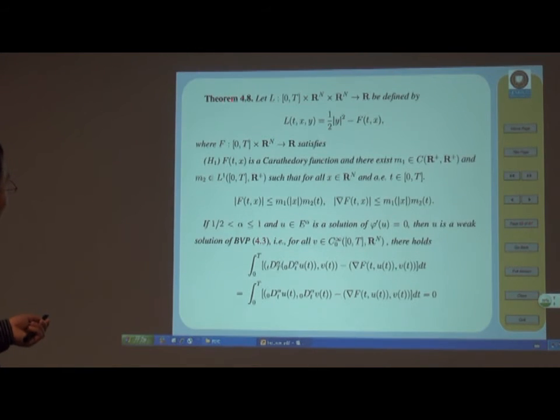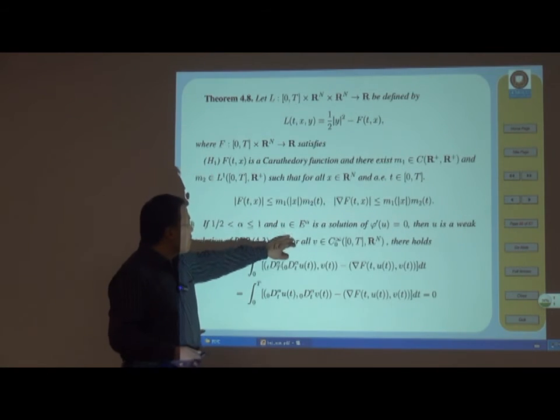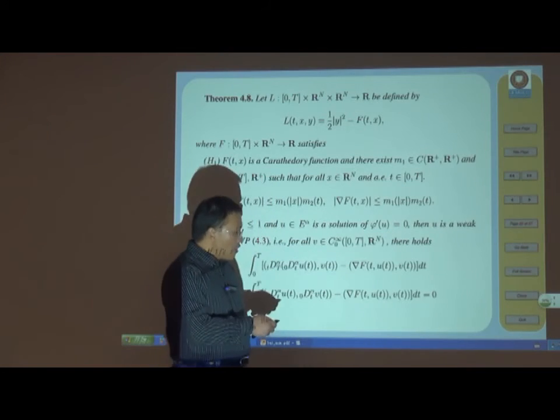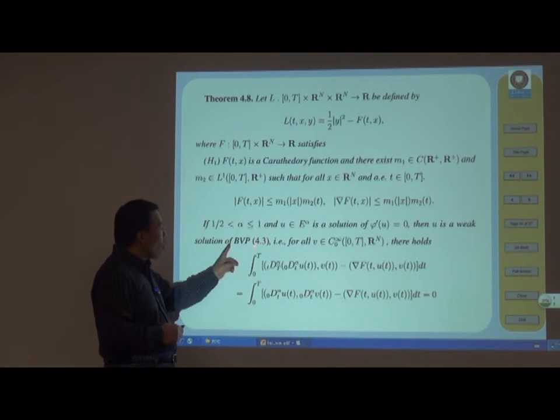Theorem 4.8 says that if L is defined in this form and satisfies this condition, for alpha between half and 1, and u is a solution of phi prime u equal to 0, that is, u is a critical point of the functional phi, then u is a weak solution of boundary value problem 4.3.